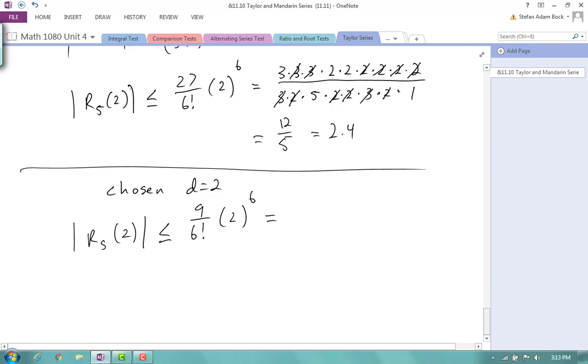What this would have done is it would have decreased my maximum possible error estimate by a factor of 3, giving me only 4/5, which is less than 1, which is a lot better actually.